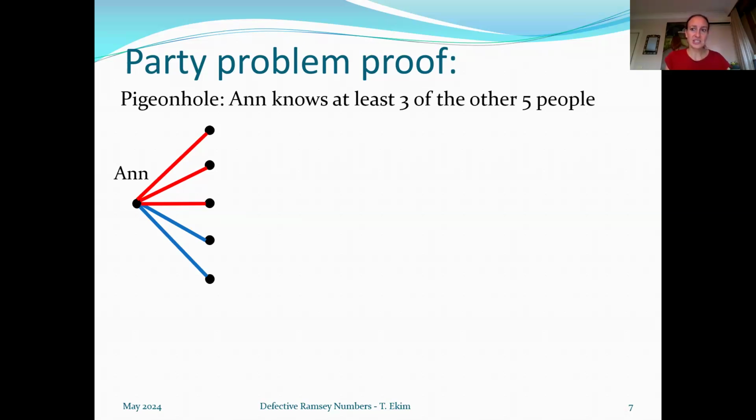So here is Anne, and she knows at least 3 of the others, right? So at least 3 edges, which are colored red, incident to Anne. Now look at the endpoints of these 3 red edges. Well, there are 2 possible cases.